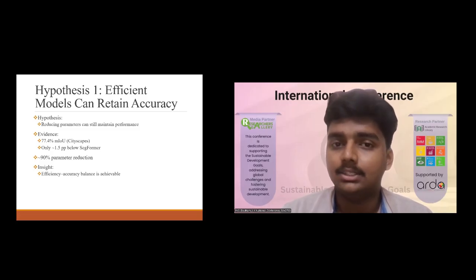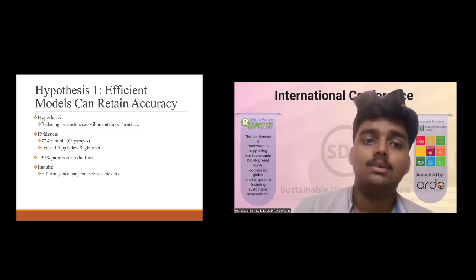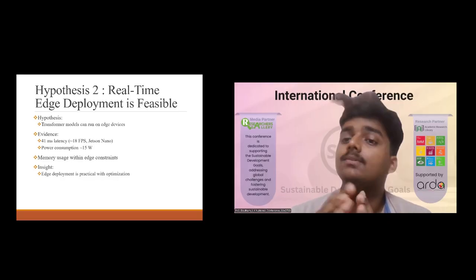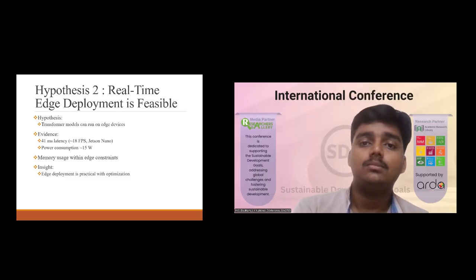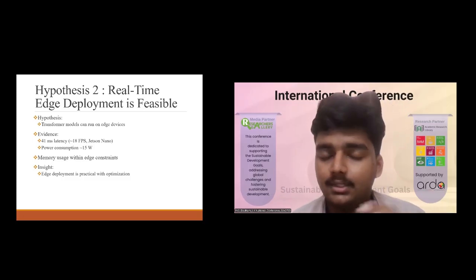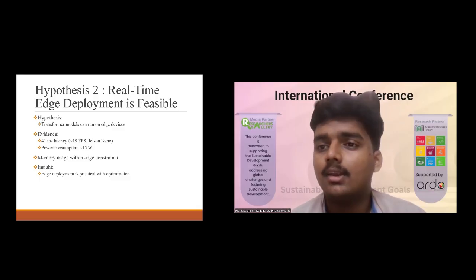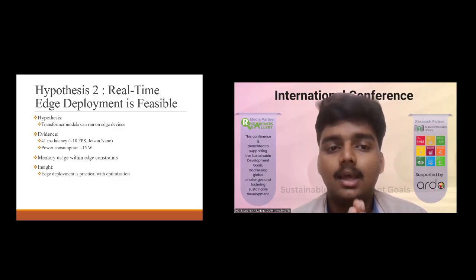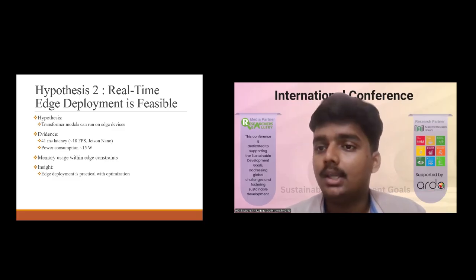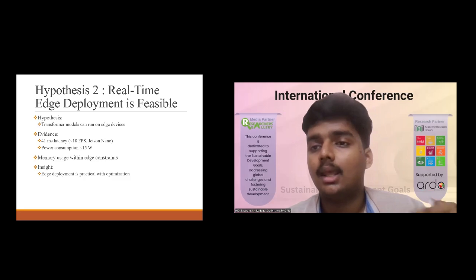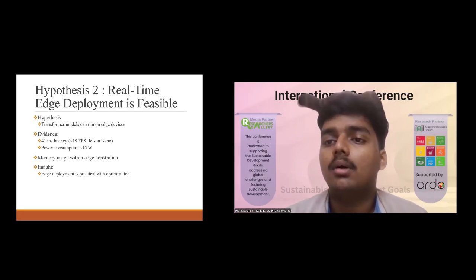which can be achieved. And the next hypothesis was that real-time edge deployment is feasible. Normally, vision transformers with high time complexity can't be used within edge devices. In the regular case of a Raspberry Pi or a Nano, it will have higher time complexity and high memory usage.